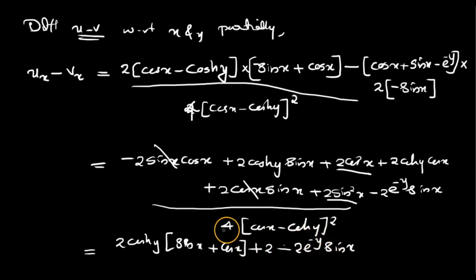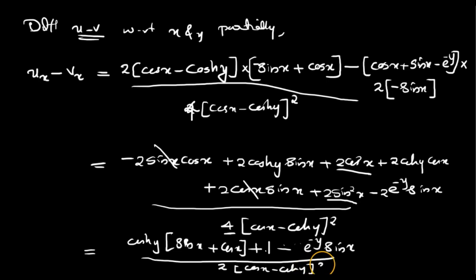Also we can cancel this 2 with this 4. So we get 2 cosh y (sin x plus cos x), and this is 1, divided by 2 into (cos x minus cosh y) whole square. So this is ux minus vx.